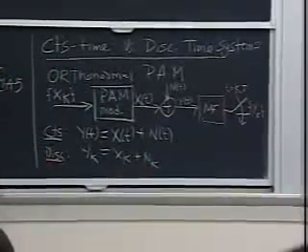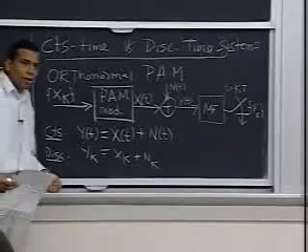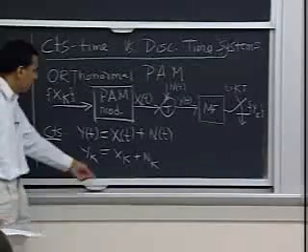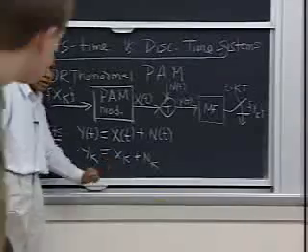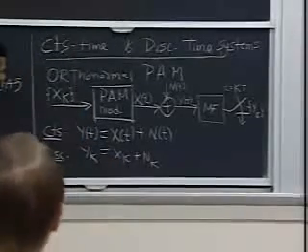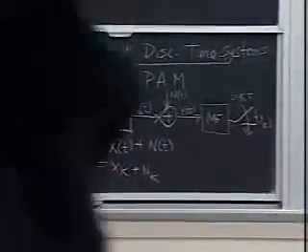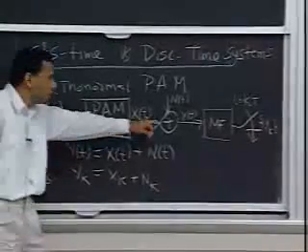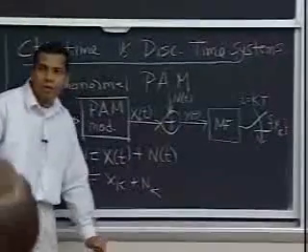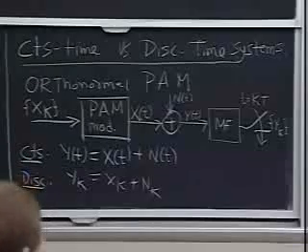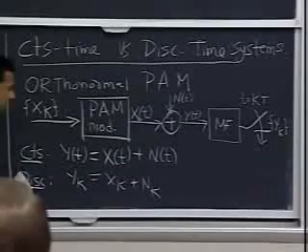We say that the two systems are equivalent in the following sense: if you want to detect x_k at the receiver, y_k is a sufficient statistic given that y of t is received at the front end of the receiver. So that's the equivalence between discrete time and continuous time.